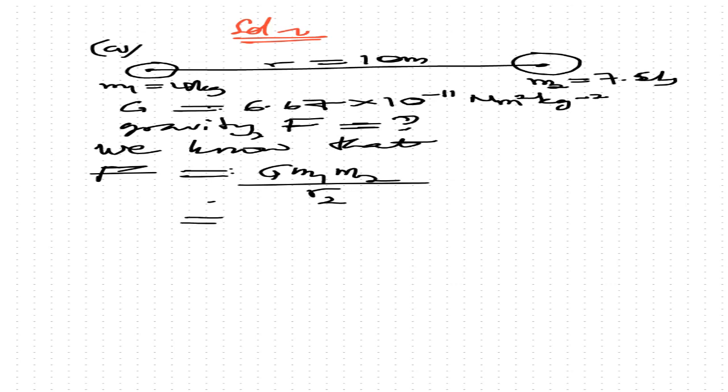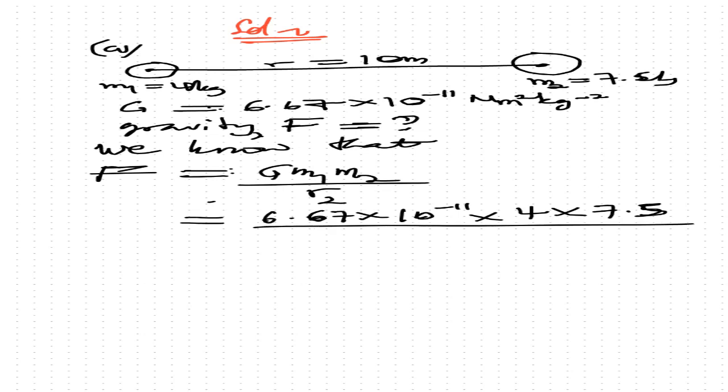And this is 6.67 times 10 exponent negative 11 times 4, M1, times 7.5, which is our M2, all over, forgive me, I made it R2, supposed to be R squared.